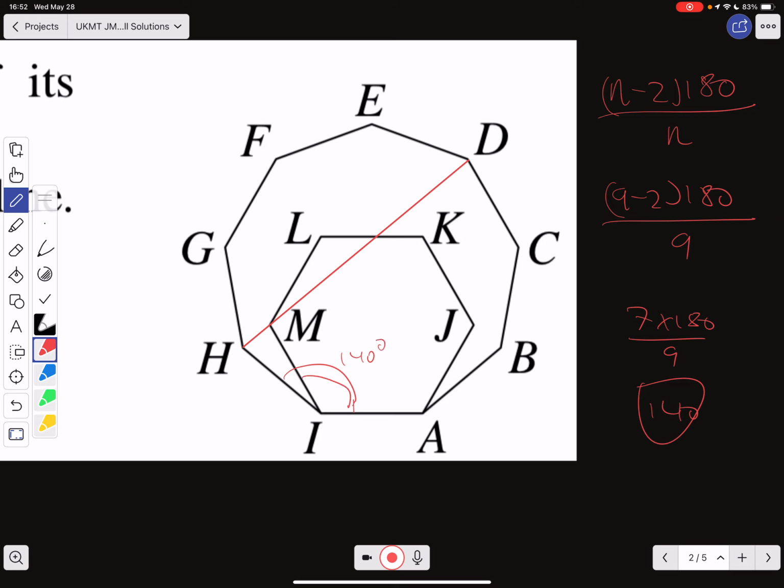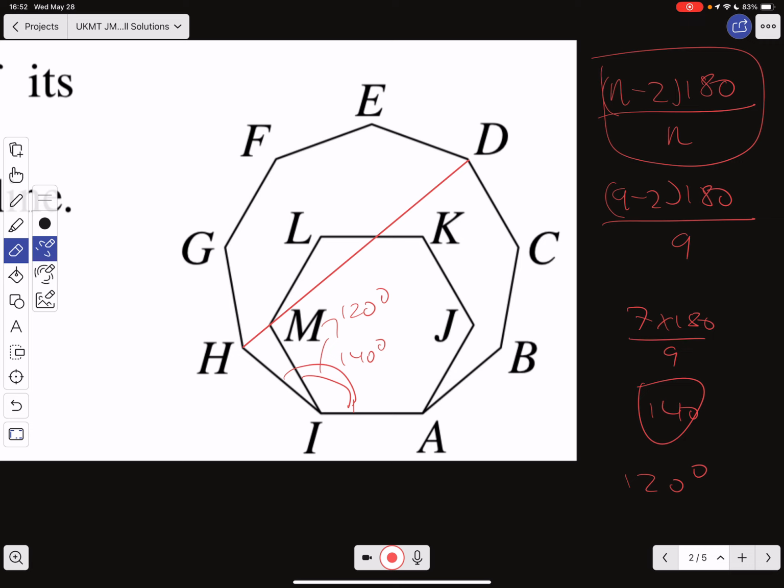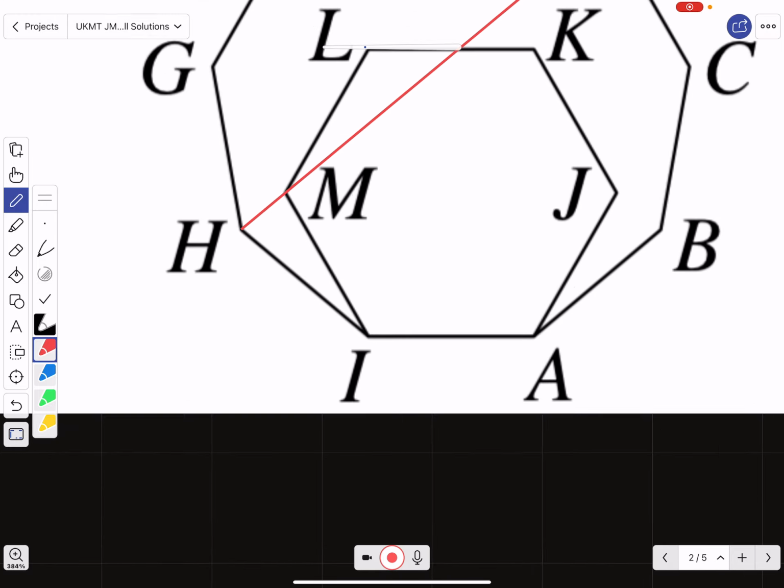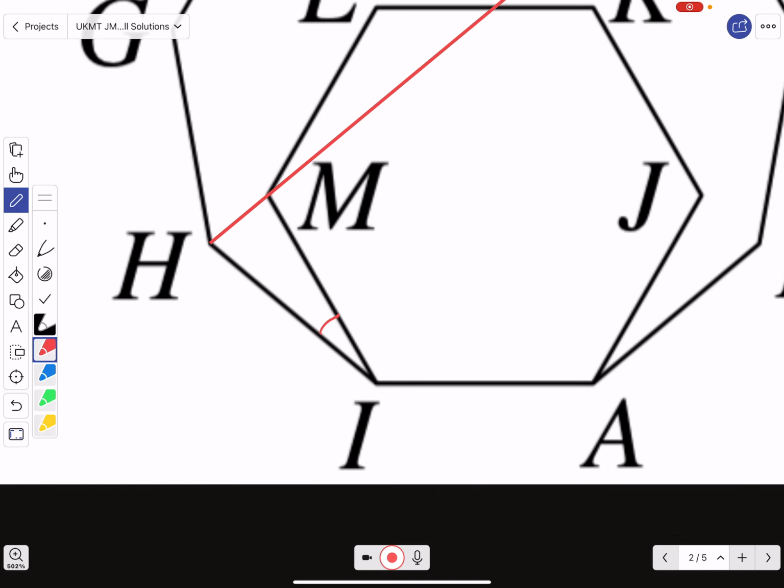And the interior angle of the hexagon, you should know, is 120 degrees. You can use this formula too, but that is some common knowledge you might want to learn if you don't know. So now we can find the measure of angle HIM by subtracting those two to get 20. So this teeny tiny angle is 20 degrees.